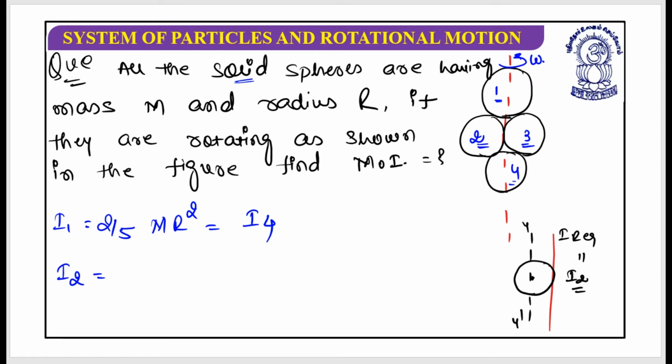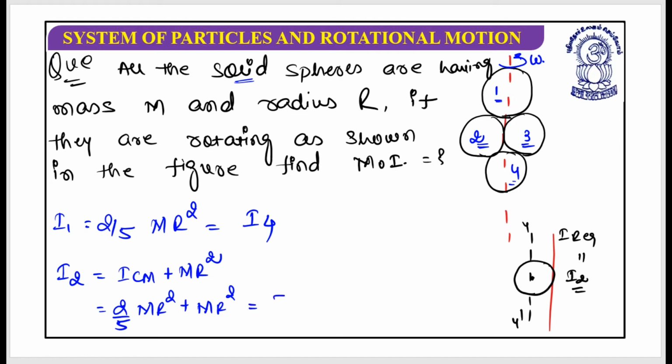I need to apply the parallel axis theorem here, which gives I center of mass plus m into r square. I center of mass is 2 by 5 mr square, plus mr square.